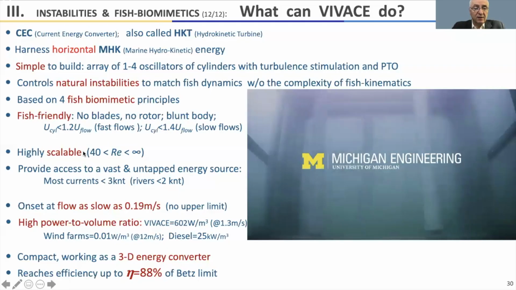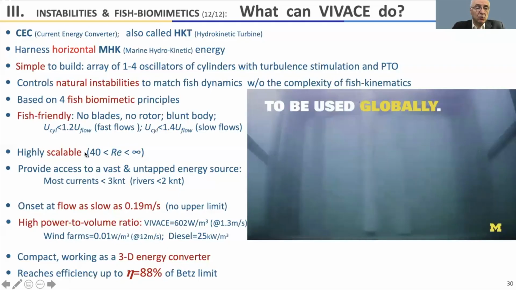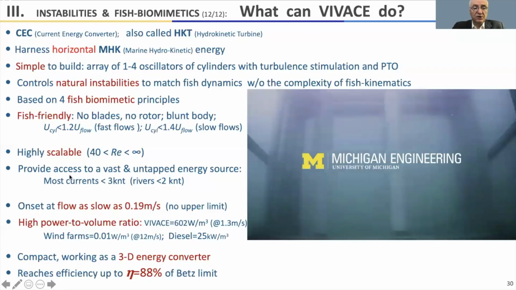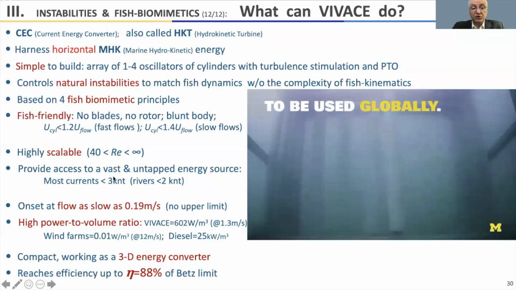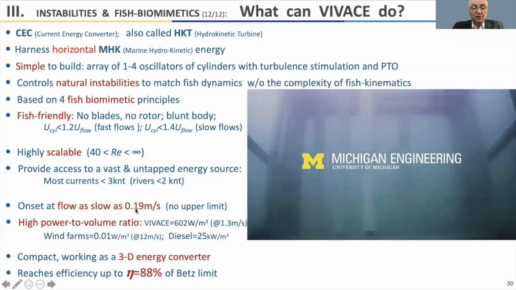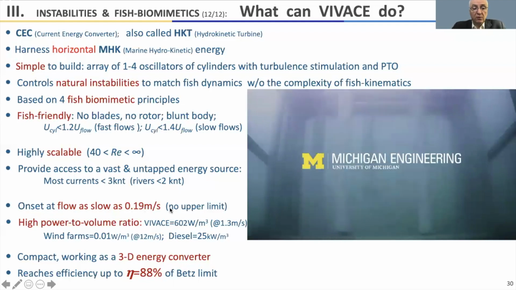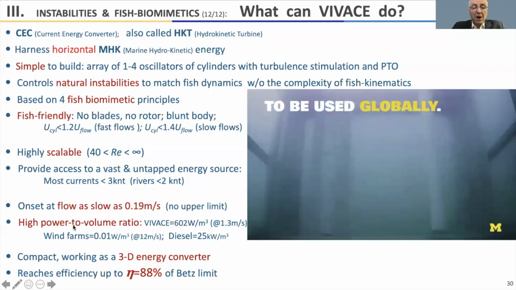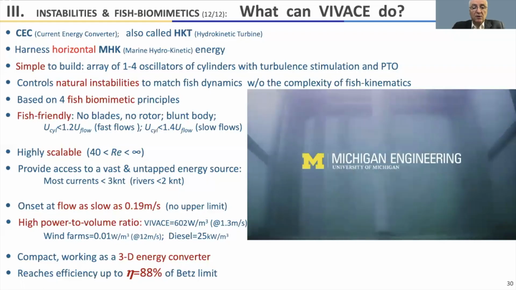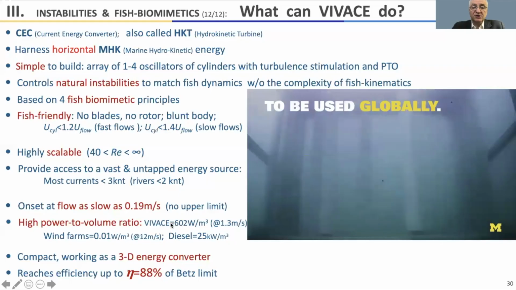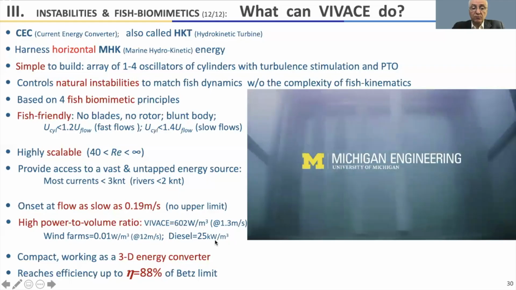It's a highly scalable device. It can work from Reynolds number of 40 all the way to infinity with turbulent stimulation. We can harness energy from slow flows. The onset velocity that we achieved in the lab was 0.19 meters per second, that is 0.4 knots. It has a much higher power to volume ratio than wind farms by 4 orders of magnitude, but it's still 2 orders of magnitude below diesel engines.